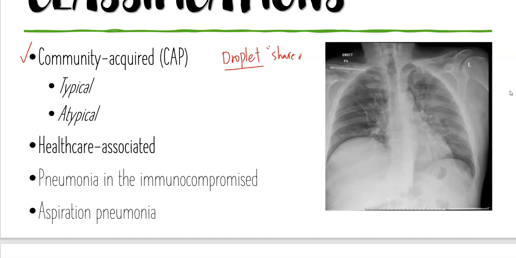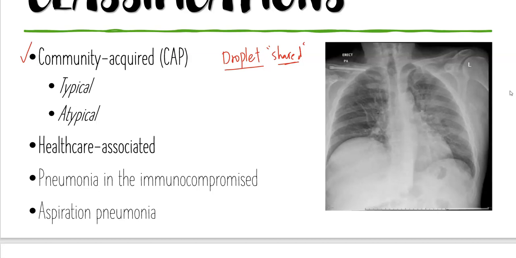It can be shared by one person to another by talking, by sneezing, coughing, blowing of nose, yes. Your usual speaking, yan. Yung mga yan. And if you are very, very close to that patient.